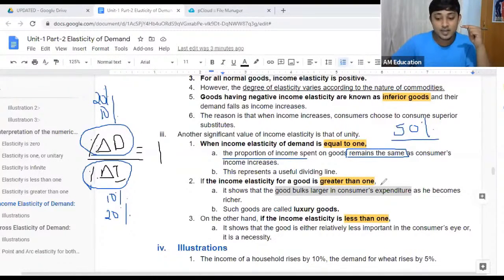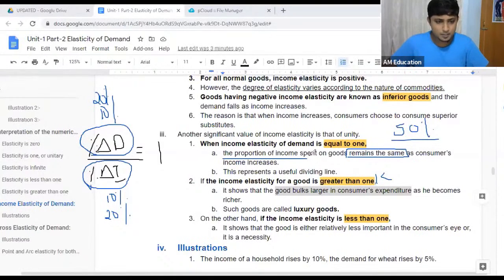When the answer is greater than 1, what could that be? 1.12, 99, 100, 1000, 2000, up to infinite. If you do that formula and get a value greater than 1, what does that mean?